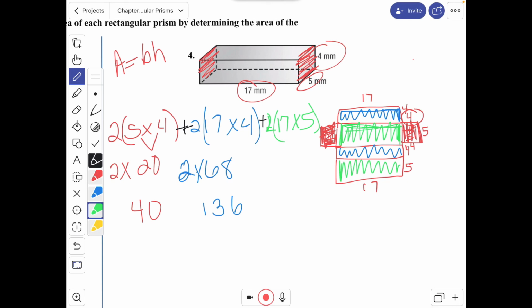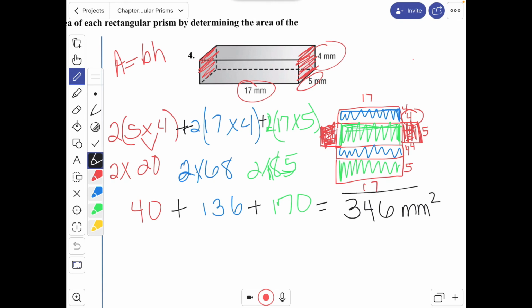And then 17 times 5 is 85. Times 2, sorry, it's not wanting to write, is 170. Then we add all those up, and the total surface area comes out to 346 millimeters squared. So that's the total surface area.